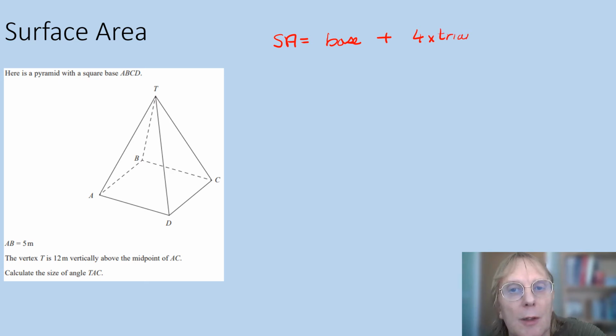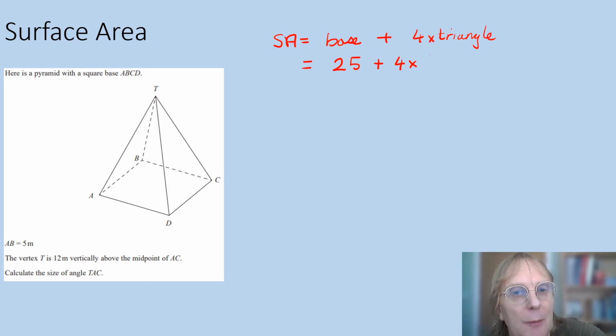Yeah, we've got to find the area of each triangle. And the base is dead easy. The base is just 5 times 5, which is 25. And then we're going to have to add 4 times something.